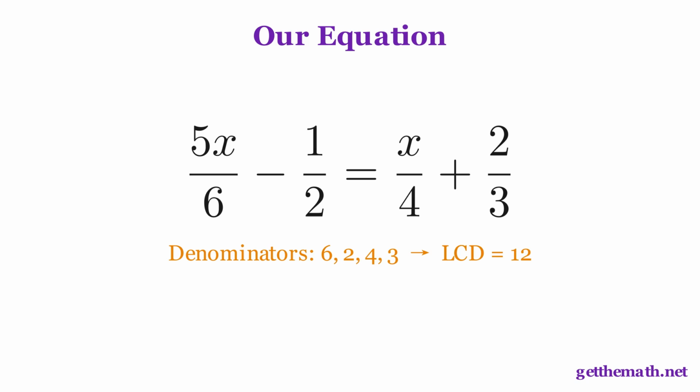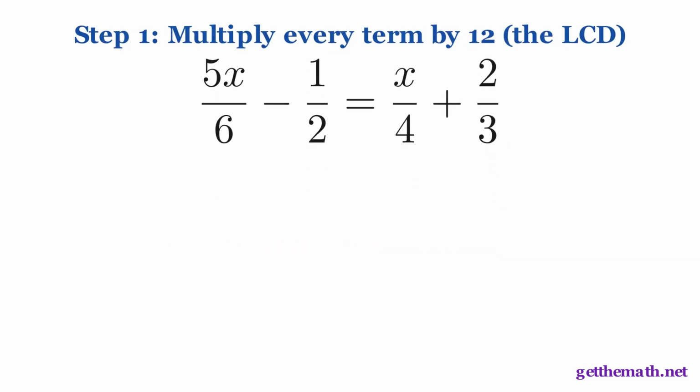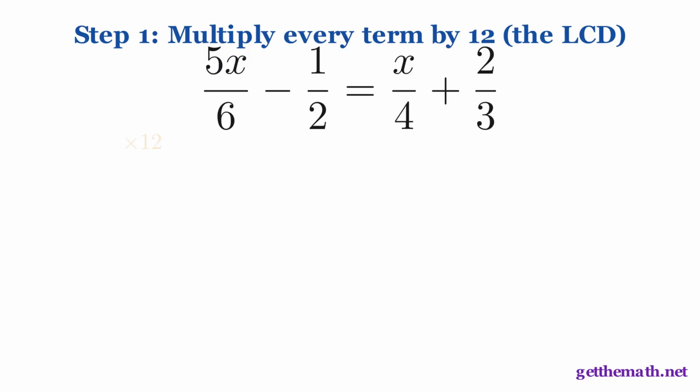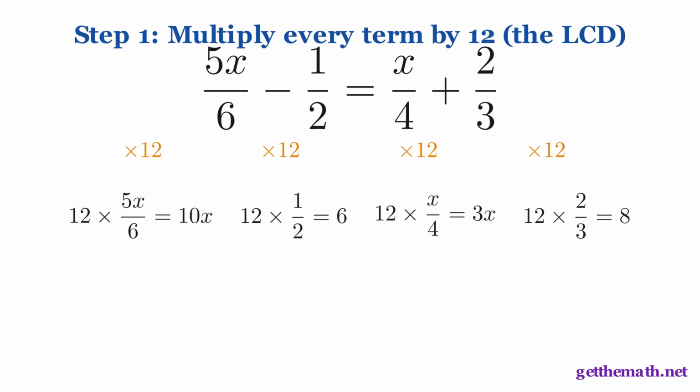Step 1. Multiply every single term on both sides by 12. 12 times 5x over 6. 12 divided by 6 is 2. So this becomes 10x. 12 times 1/2. 12 divided by 2 is 6. So this becomes 6. 12 times x over 4. 12 divided by 4 is 3.